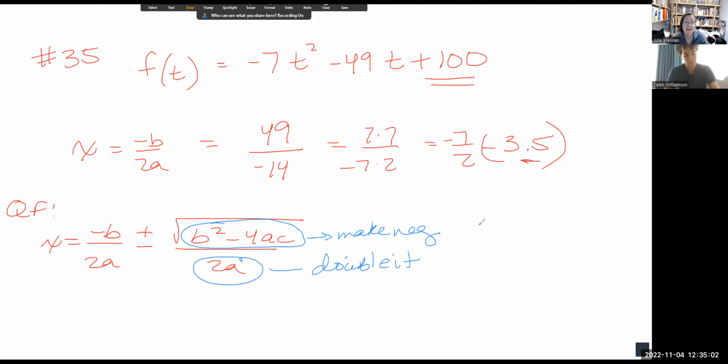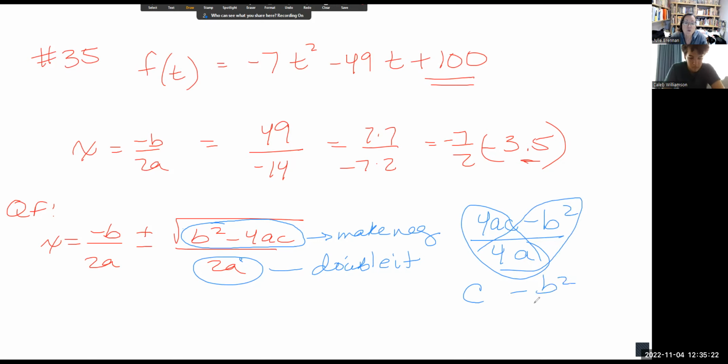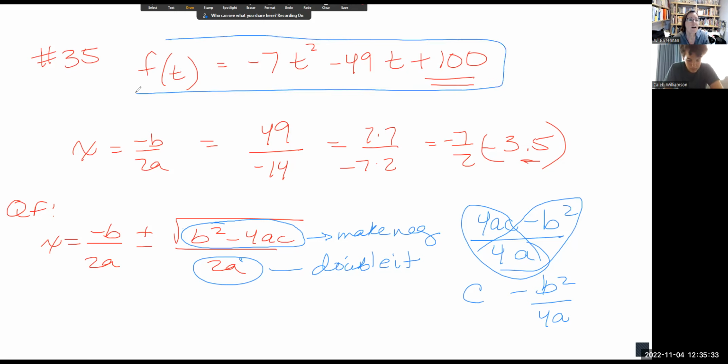The max or the min is going to be 4ac minus b squared, that's making this negative, over 4a, which, if you simplify, you actually get c minus b squared over 4a. So it's a little formula. There is a formula for the y coordinate if you had the original.